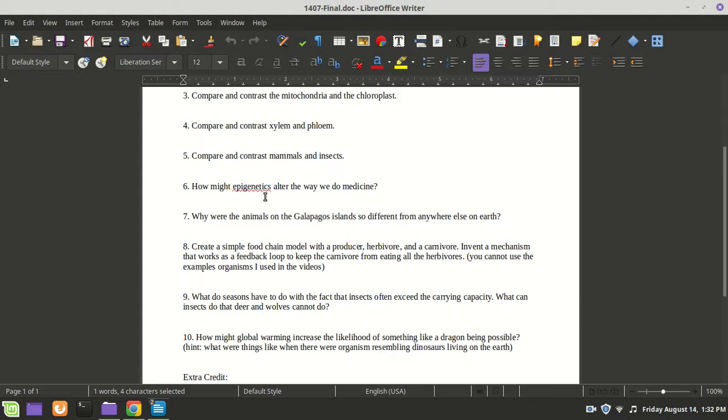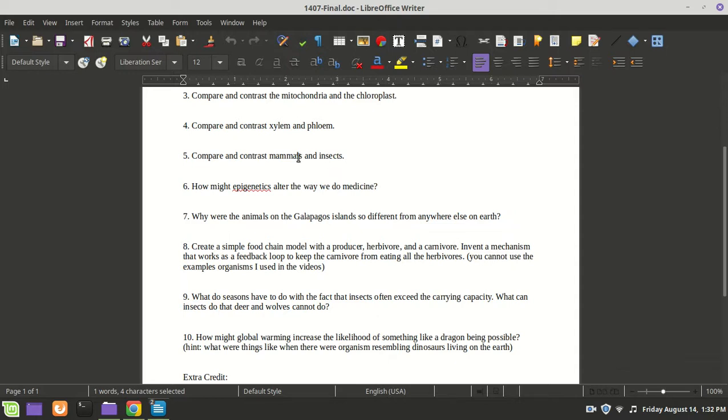And number 5, I've chosen 2 distinct organisms that have some things that are similar. By comparing these two, you'll get the idea of what makes something an animal. Both of these are animals, but these are 2 very distinct animals with very distinct abilities, and you need to discuss how they are both animals, that's the compare part, and then how they are different.